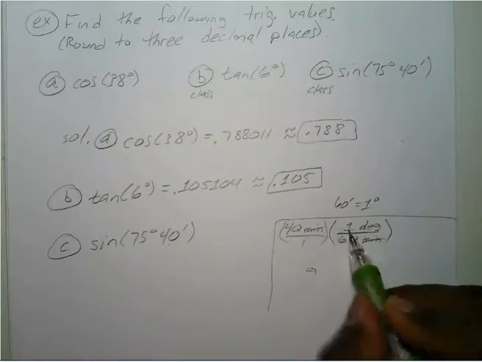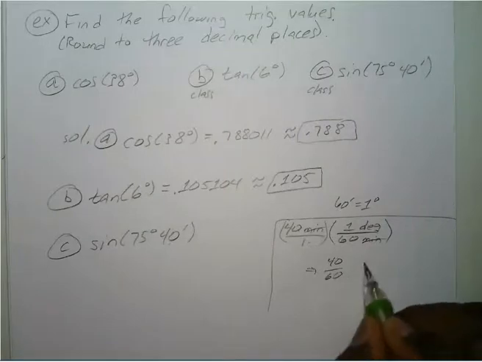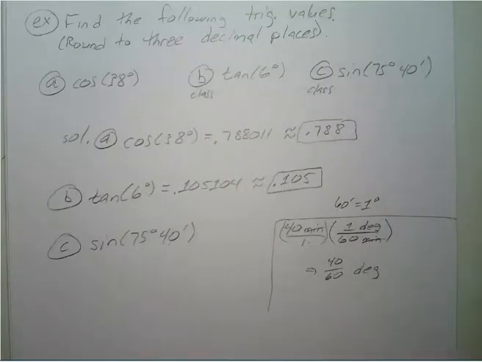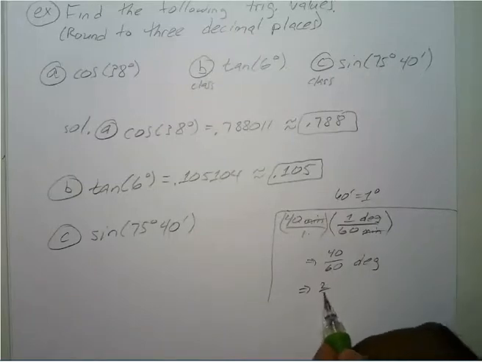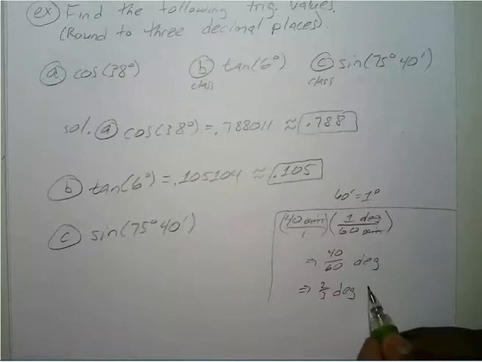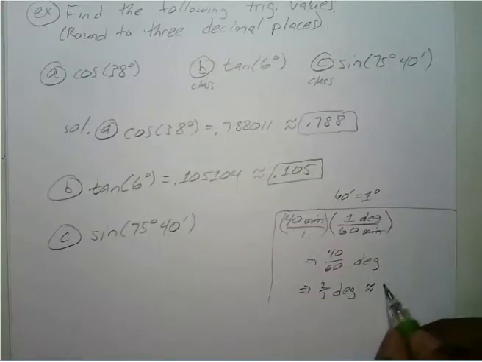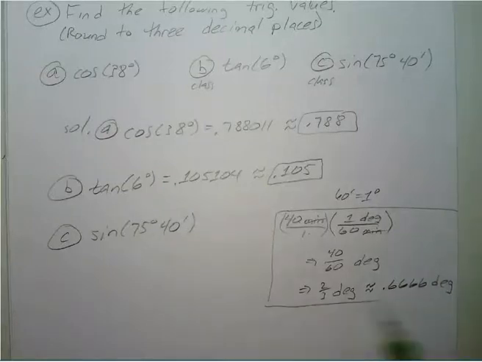So you have 40 times 1 over 1 times 60 degree. This actually simplifies to 2/3 degree, which if you plug in 2 divided by 3, you get 0.6666, and it keeps on going and going, but this should be enough for what we're doing.